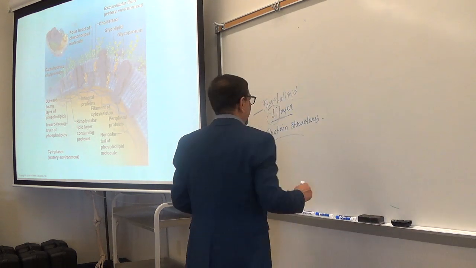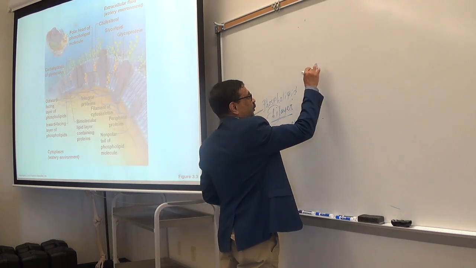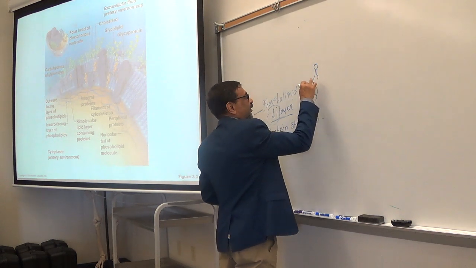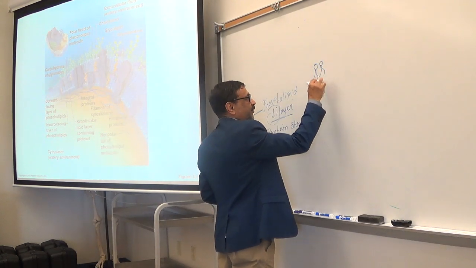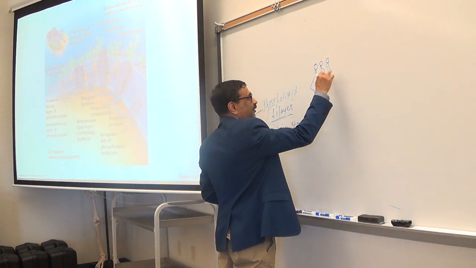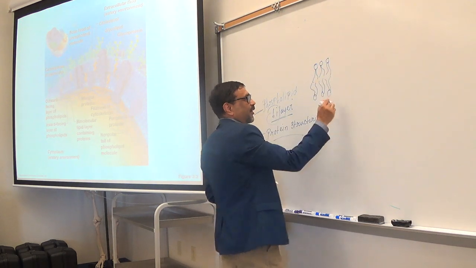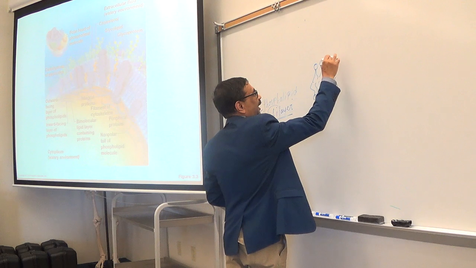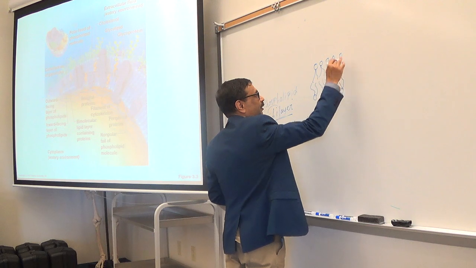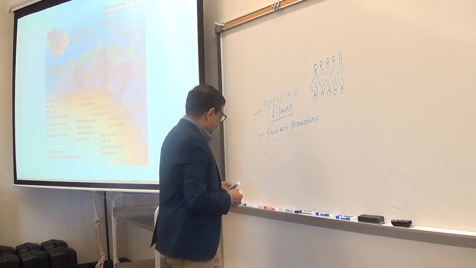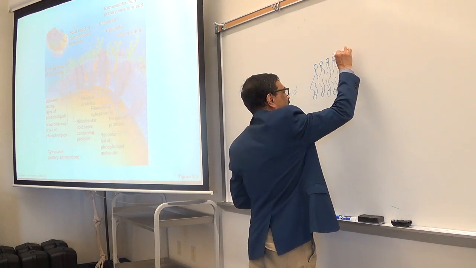Now if you see a cell membrane under the microscope, first let's see the phospholipid bilayer. These are phospholipids, okay? So I am drawing phospholipids. How many layers? Two. So this is one layer of phospholipid, this is another layer of phospholipid, okay? Bilayer. Okay, then inside the phospholipid bilayer you have proteins inserted or embedded.